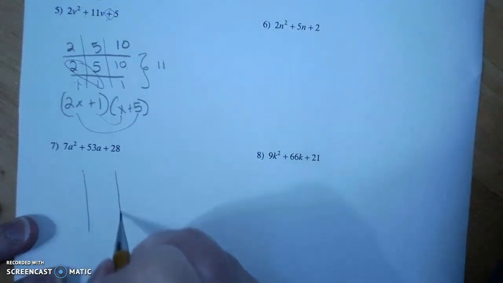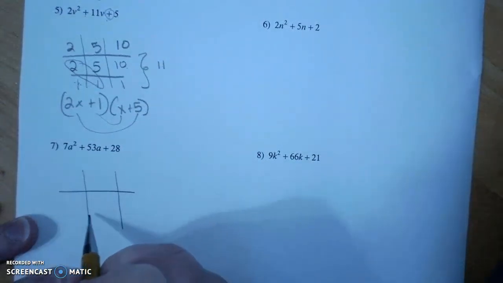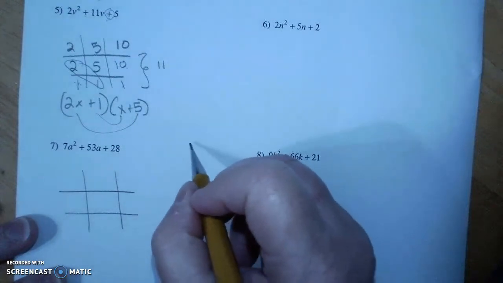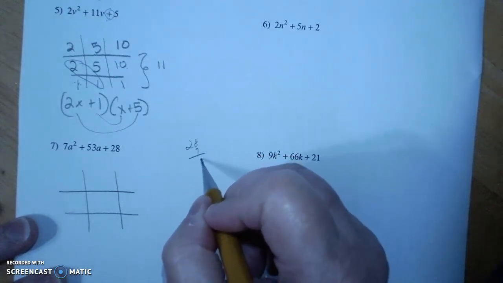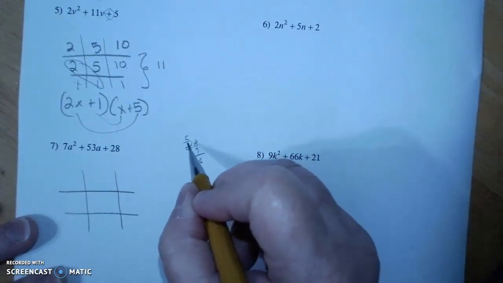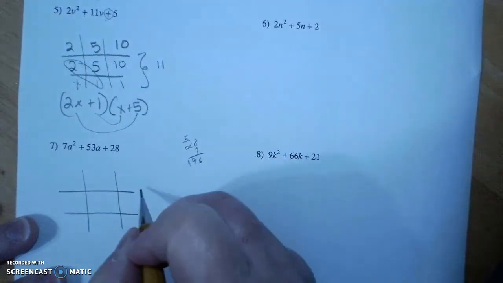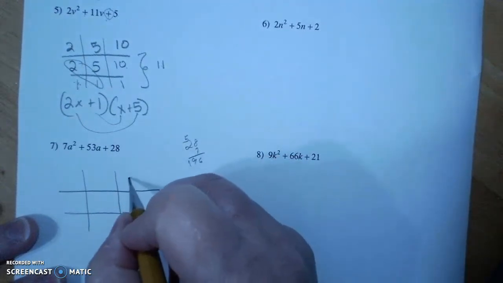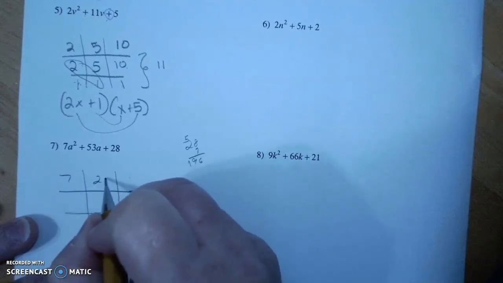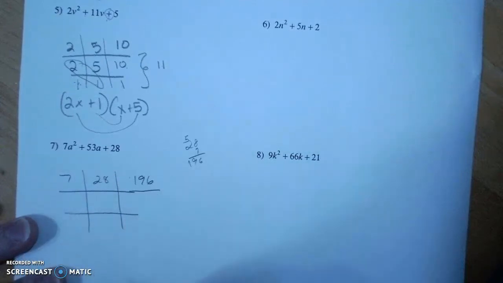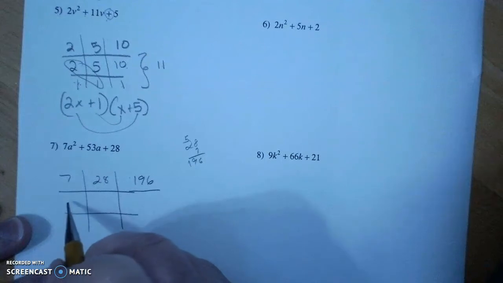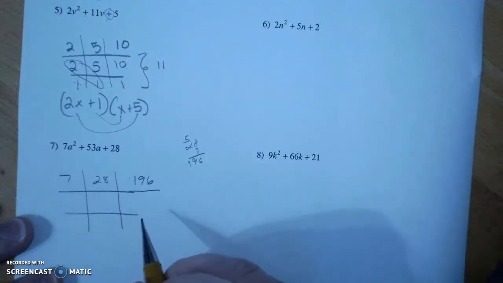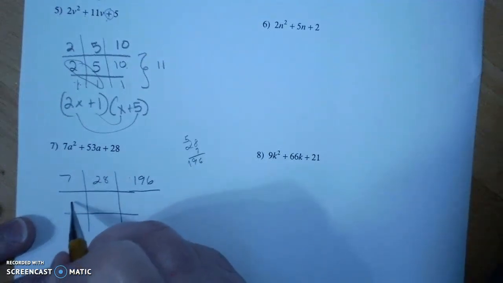Here, I have 28 times 7 is 196. 7, 28, 196. I know that one of them has to be a 1 and one has to be a 7.